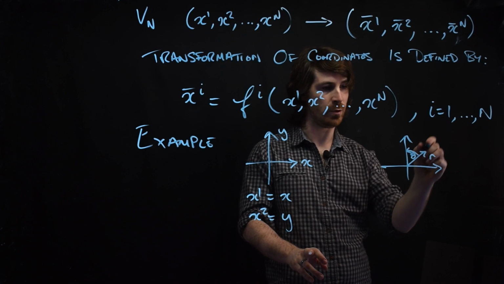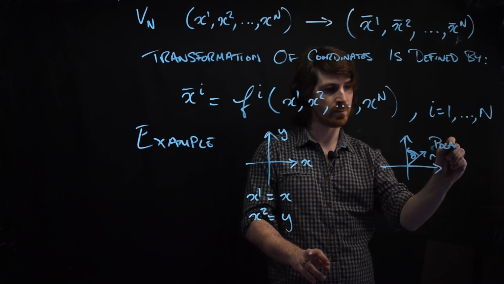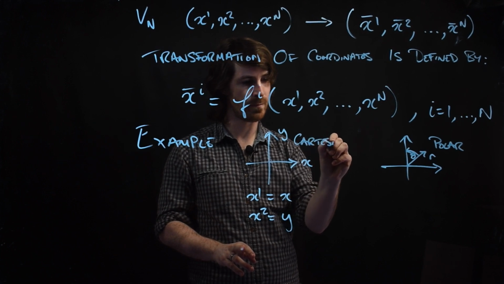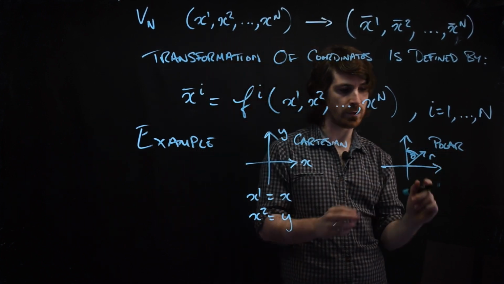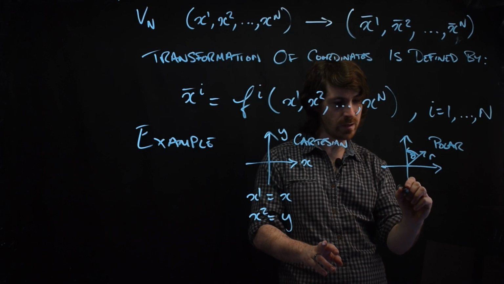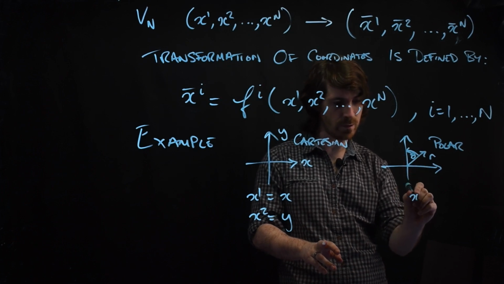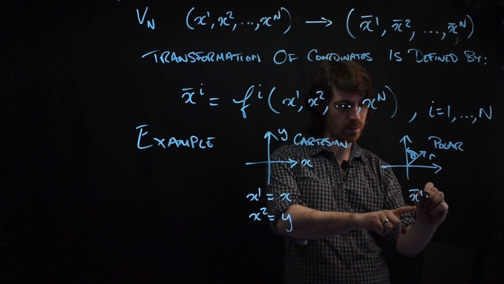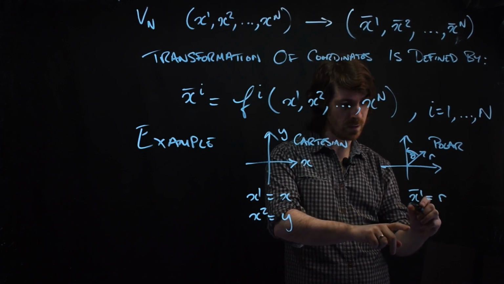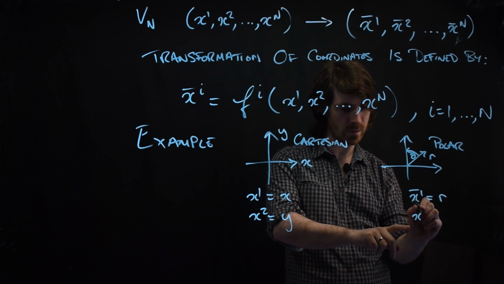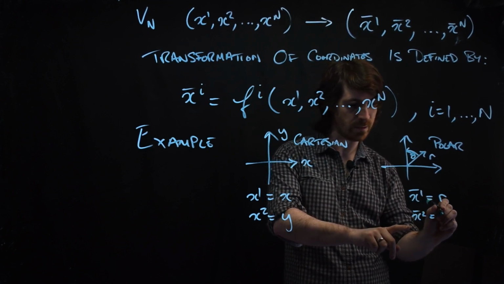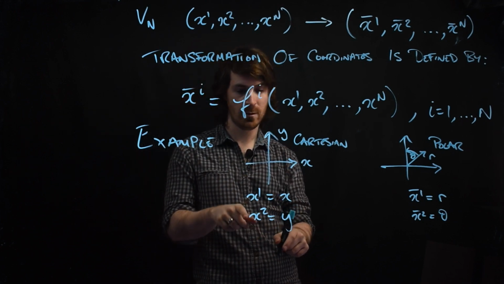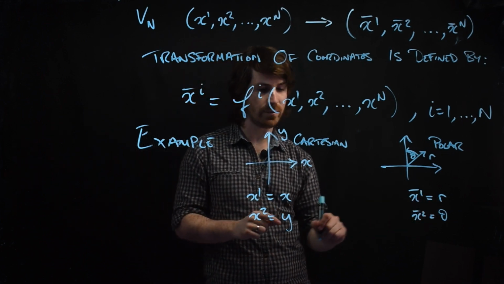Okay, so we have polar coordinates. So here we have Cartesian, and here we have a polar coordinate system. So here, our new system we call x1 bar. That's the first coordinate in our new system. It's r, and our second coordinate, x2 bar, is theta. Okay, so we want to go from the xy system to the r theta system.